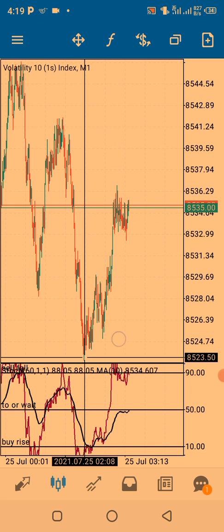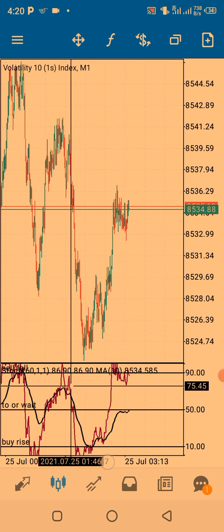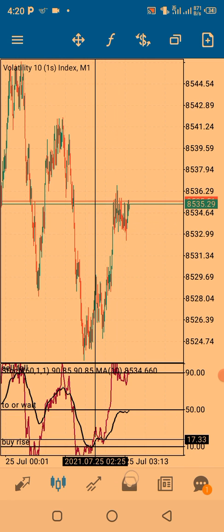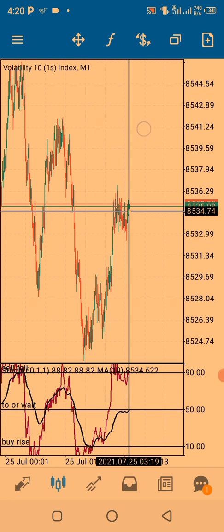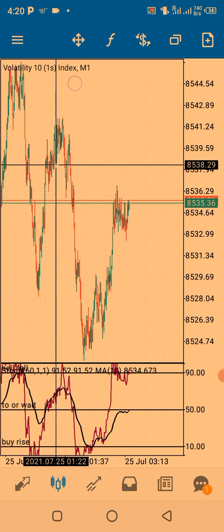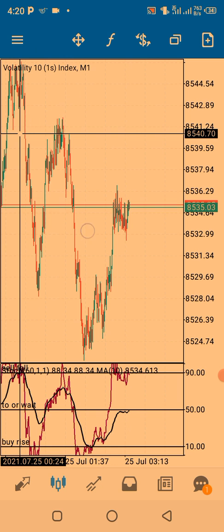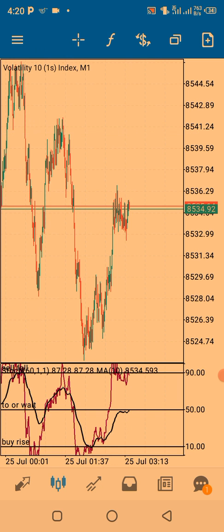What happened? The asset rose because the stochastic and moving average crossed at level 10. Like here, they cross at level 90. What happened? A fall signal. So you see, it's working.